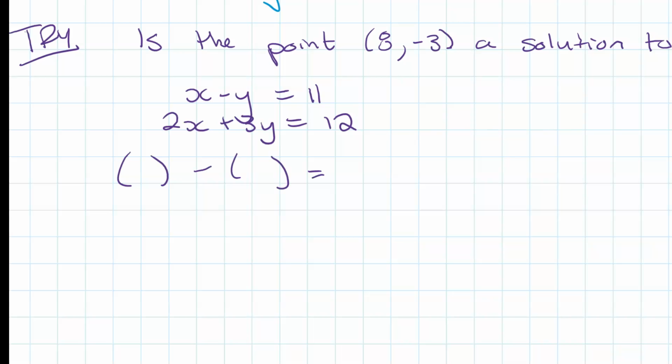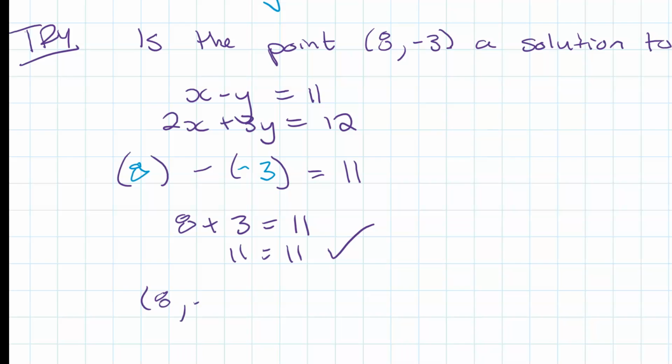So we're going to put in our spaces for our first equation. I'm going to put in the x value in the place of the x, the y value in the place of the y. And notice that this is 8 minus -3. So 8 plus 3 equals 11. So that's 11 equals 11. So this point, 8, -3, is on this first line.